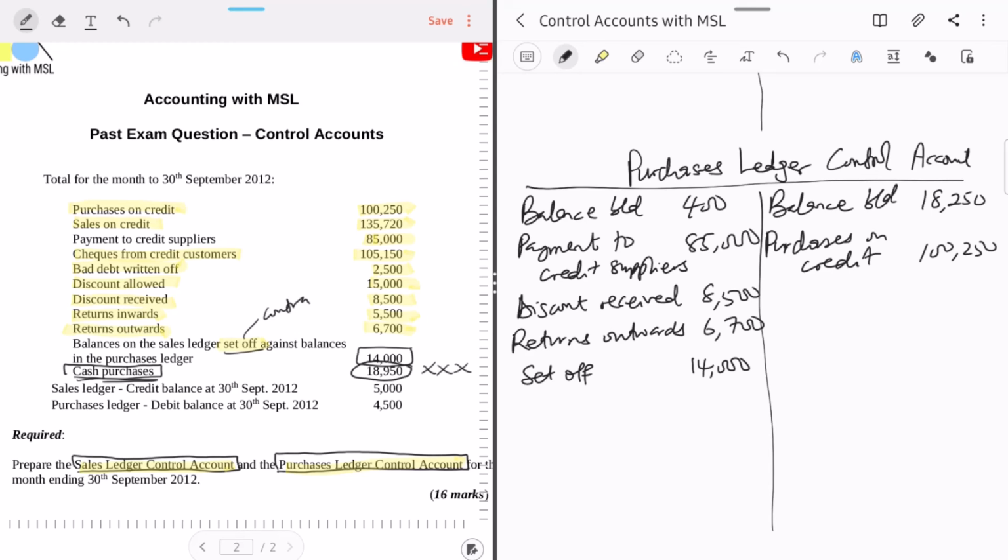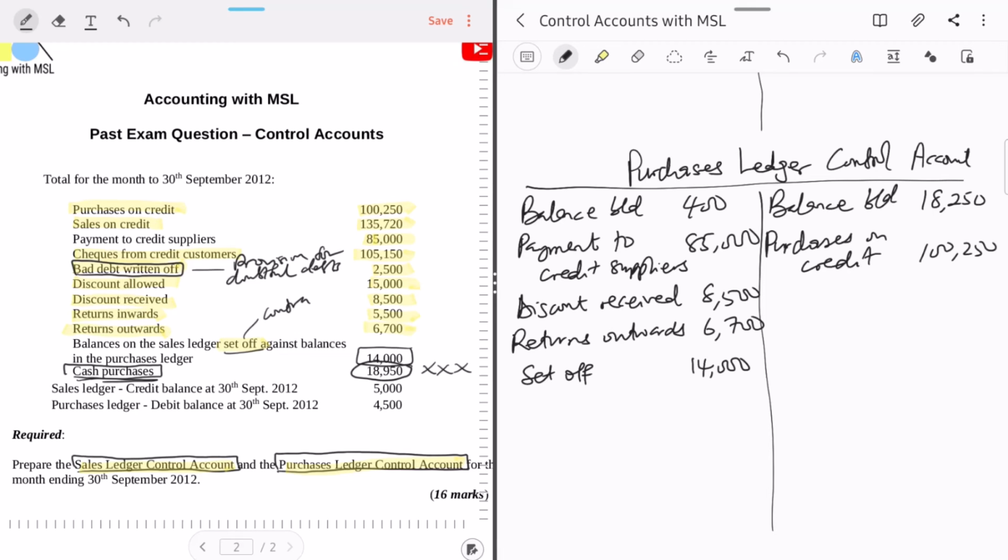Let me give you one more tip that will help you ace your exam. If instead of bad debt written off, the question says provision for doubtful debt, please take note that will also not be recorded in the control account. So it's not that you just see bad debt or you see a debt and you're excited.